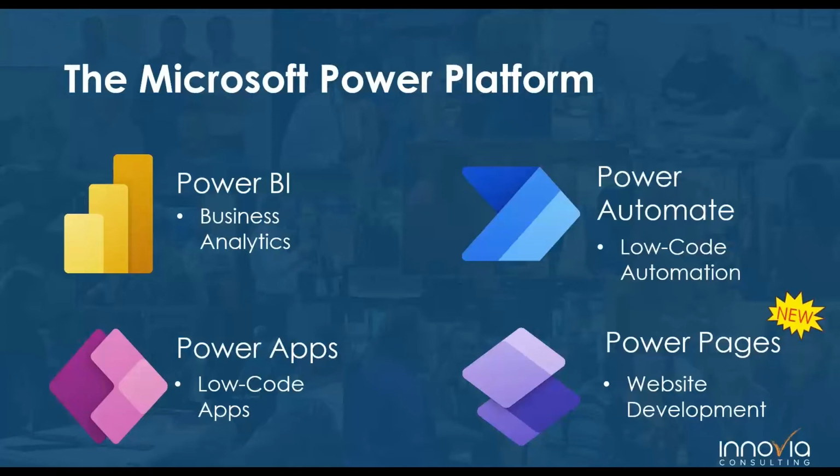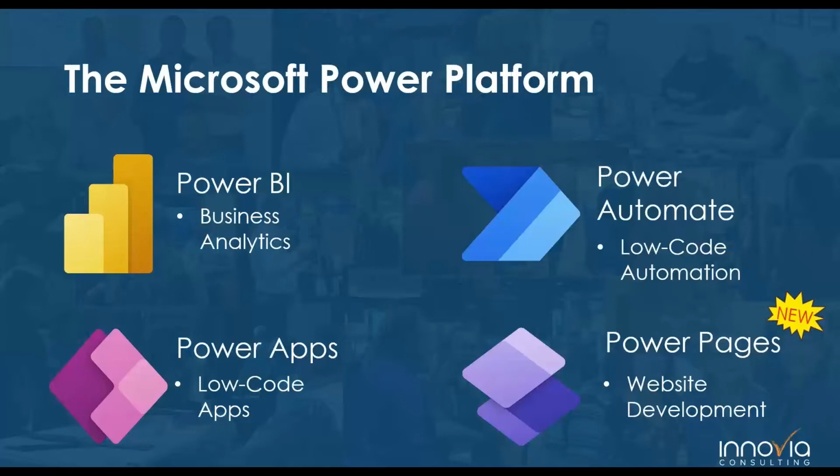And then we have Power Automate. Power Automate is all about automation. With Power Automate, you can build logic-based rules with conditions and actions that follow, and these can be automatic or triggered. And the last component of the Power Platform that we will be covering today is Power Pages.